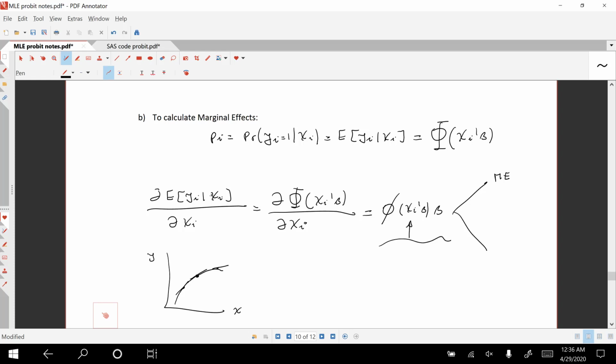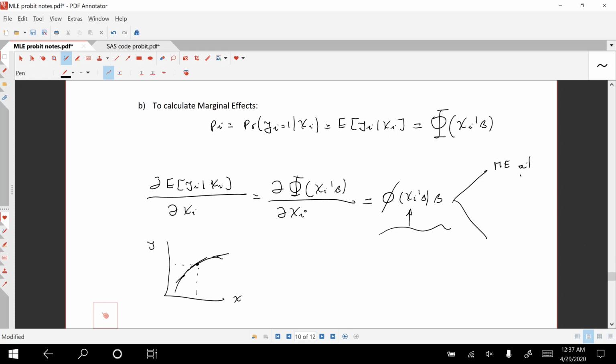So to calculate marginal effects, you need to calculate them at a specific point. So in economics, most of the time what we do is we calculate the marginal effects at the average. So we can calculate that marginal effect at the average value of the x's.